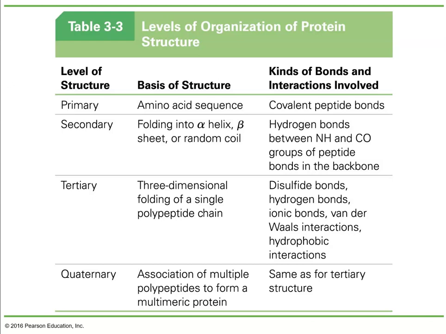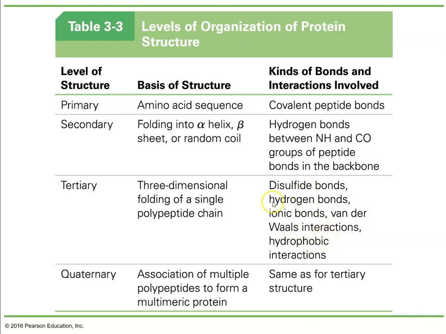When we're looking at 3-dimensional folding based off of side chains, again, we can use the side chains we talked about on the last slide: disulfide bonds between cysteine groups. We can have hydrogen bonds, ionic bonds, van der Waals, or London dispersion interactions, whatever you want to call those, the lipophilic interactions.